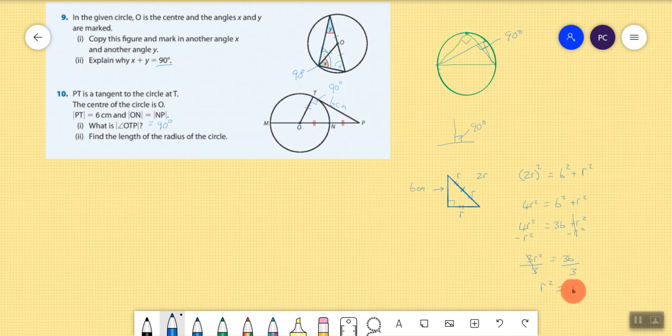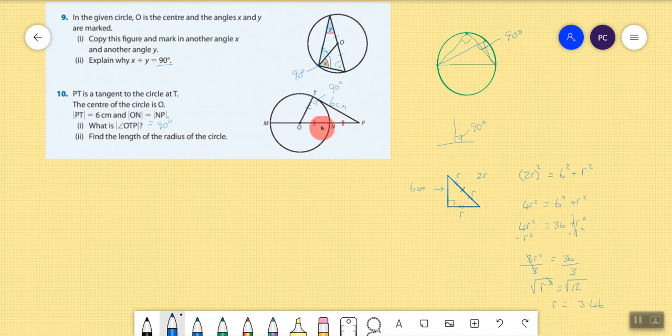So R squared is equal to 12, and in order to get rid of this square power, I can take the square root of this and the square root of this, so they'll cancel out, and R will be equal to the square root of 12, which is equal to 3.46.